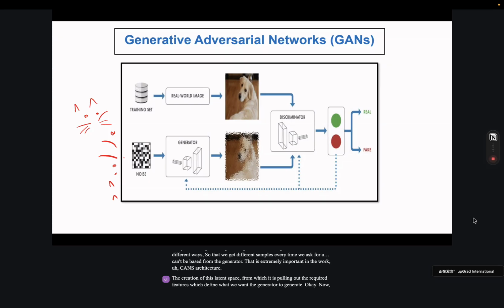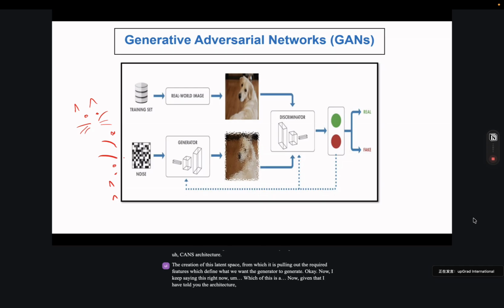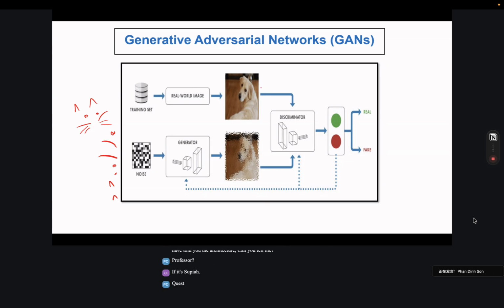Now I keep saying this right now. Given that I have told you the architecture, can you tell me, Professor, again what is the final purpose of the GAN model?